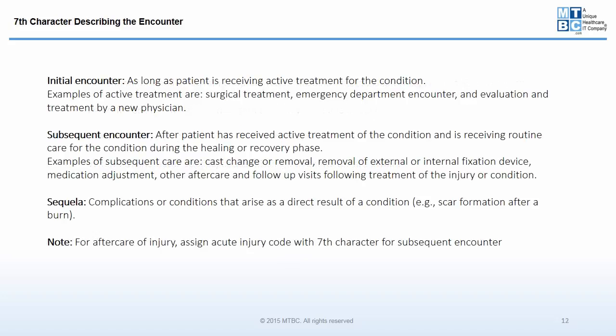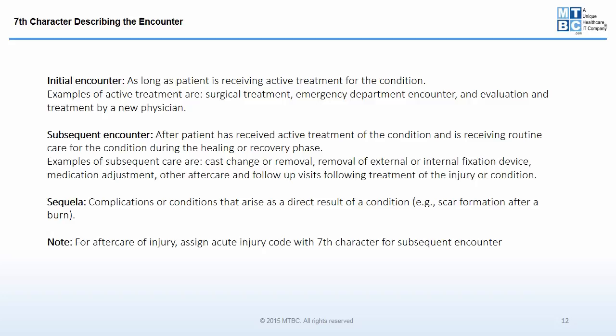Okay, so this initial encounter I'm going to talk about is mostly for the musculoskeletal section, for fractures, any kind of surgical treatment. So I'm going to go over a little bit with you on this. So, for instance, the initial encounter will be if there is active treatment.